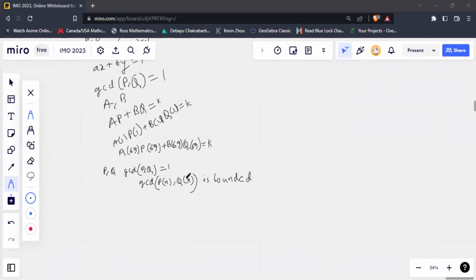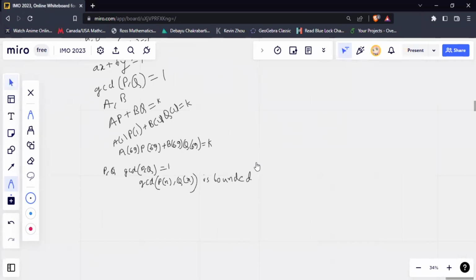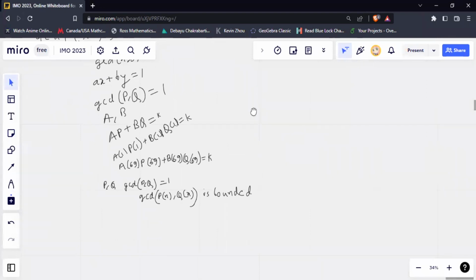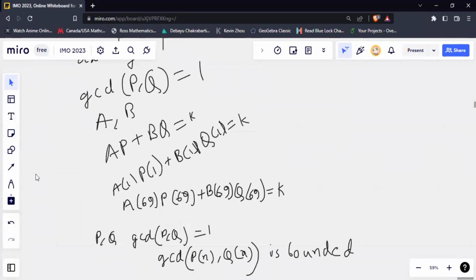Can you scroll up a bit? That AP plus BQ equals K thing, that is like Bézout's, right? Yeah, Bézout.